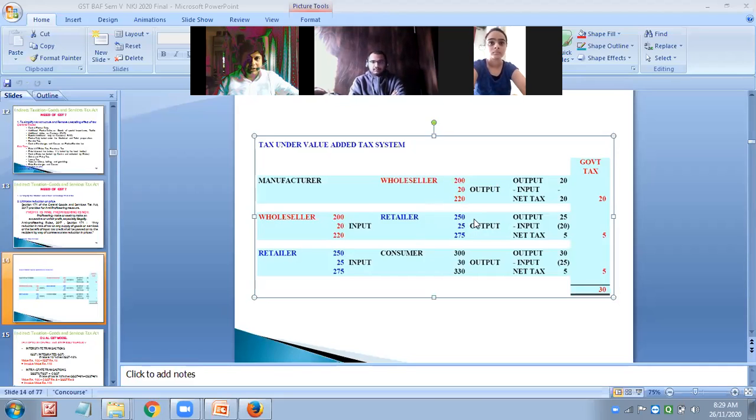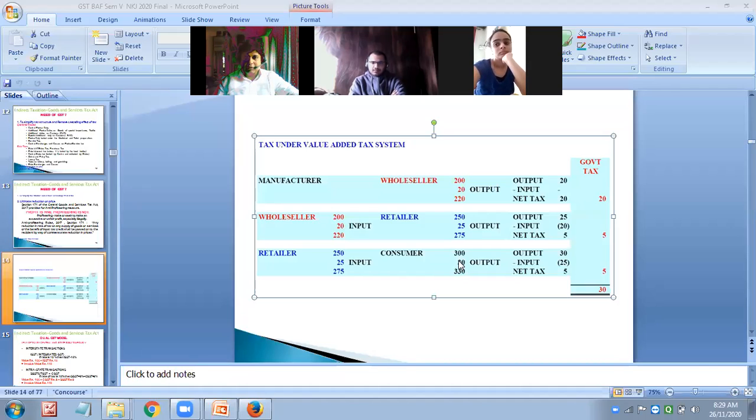The retailer has also added value and made it to the extent of 300 rupees. So now the tax liability on 300 at the rate of 10% will be how much? 30?